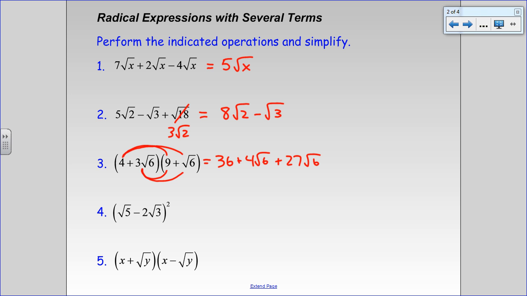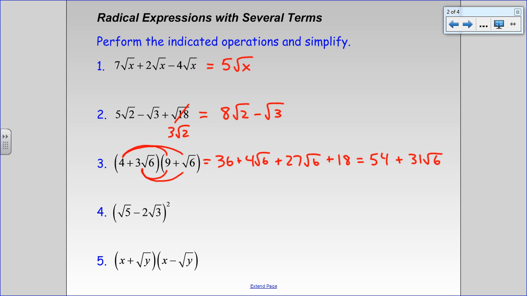And then finally, 3 times the square root of 6 times the square root of 6 would be 3 times 6, or 18. Now combining the like terms, 36 plus 18 is 54, and 4 times the square root of 6 plus 27 times the square root of 6 is 31 times the square root of 6.